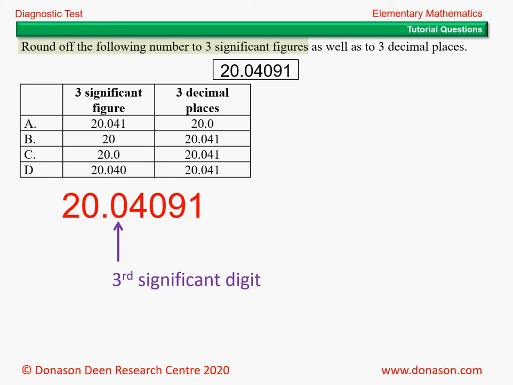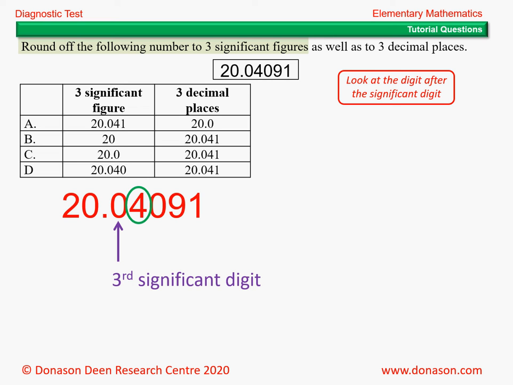So we are supposed to round off to 3 significant figures. What are the steps you need to follow to get the correct number of significant figures? You have to look immediately at the digit after the significant digit which the question is asking for. So you want to find 3 significant figures, so you should look at the digit after the third significant digit.